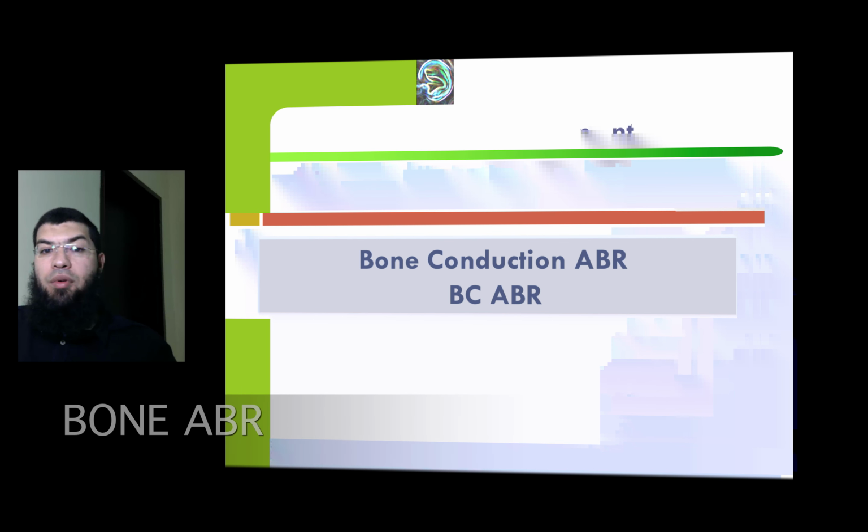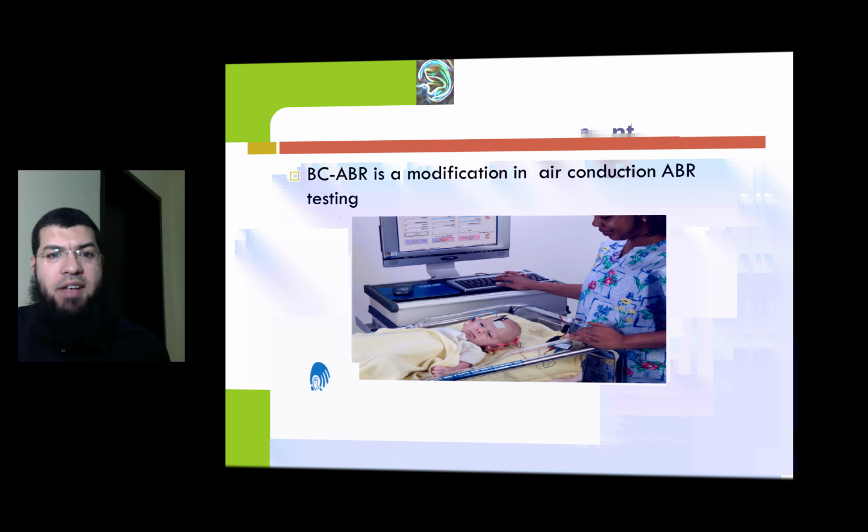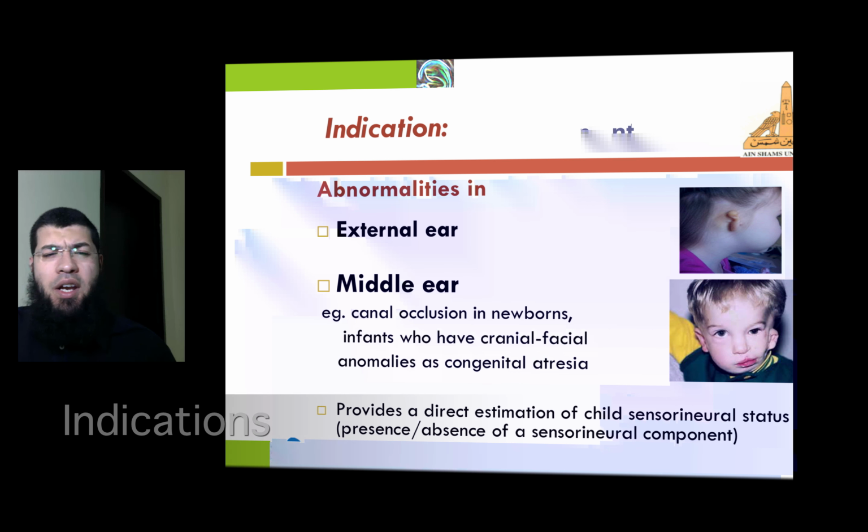Let's move on. Bone conduction ABR. A bone conduction ABR is a modification of an air conduction ABR test. It is used in abnormalities of the external ear or the middle ear, such as atresia and microtia.